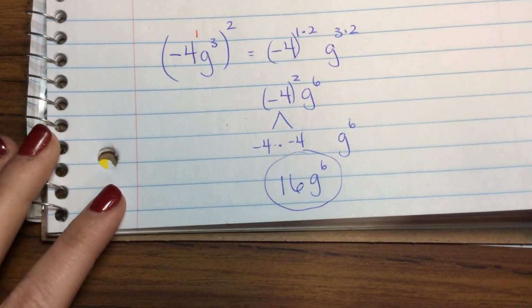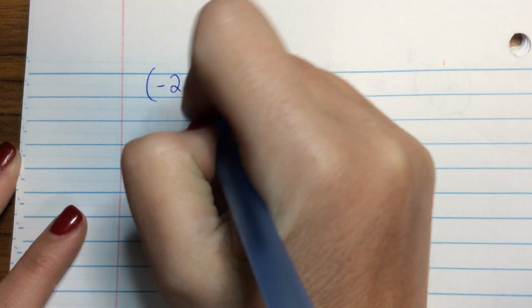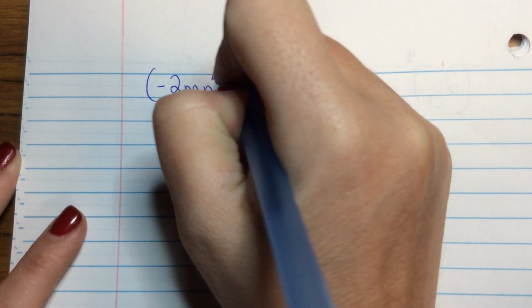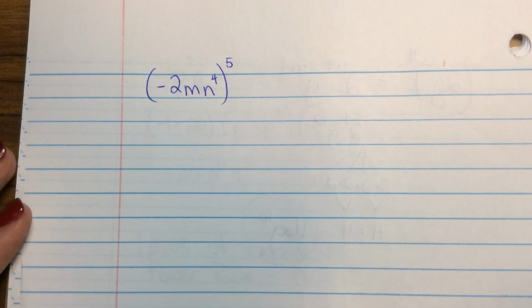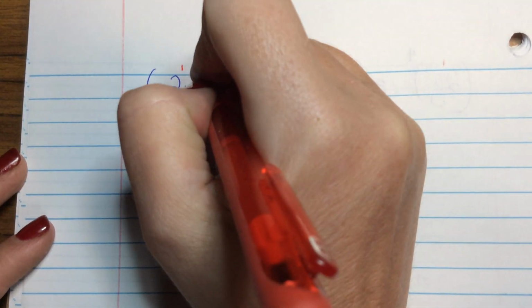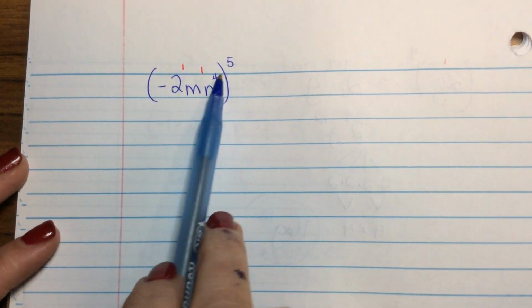Okay. Let's just do one more. What if we had multiple things in the parentheses? Let's say we had negative 2 m n to the 4th, and everything's being raised to the 5th power. Okay, so let's go through and we're going to write in 1s wherever there's not an exponent, and then we're going to rewrite it.